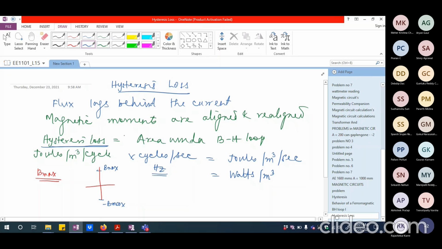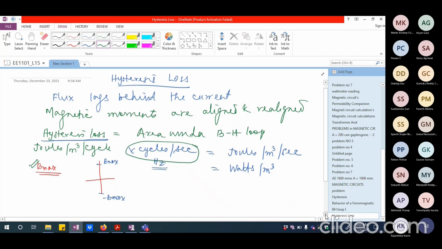So the hysteresis loss mainly depends upon two things. One is the frequency of the supply. And the second thing is the value of B max at which I am making my machine work. So these two are going to decide the hysteresis loss.